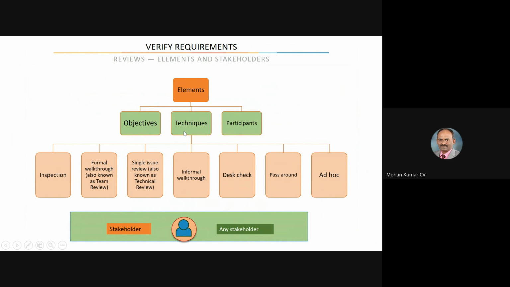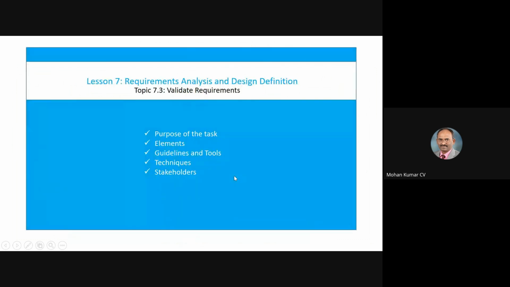Now we verify different elements, objectives, techniques and participants, and techniques could be inspection, formal walkthrough, single-use review, informal walkthrough, whatever mechanism you use to check whether all the requirements are captured or not.